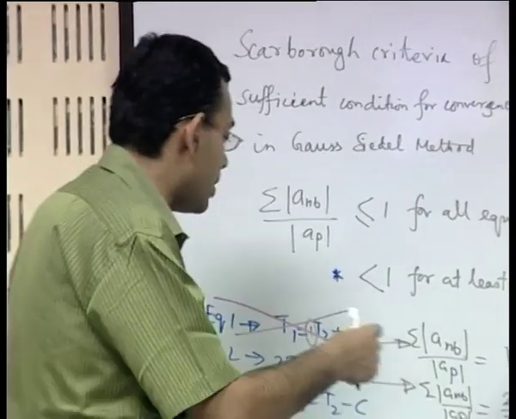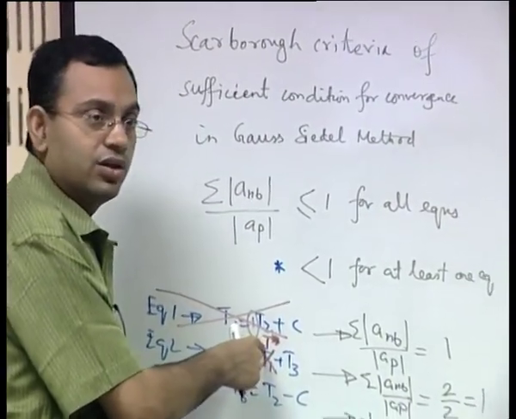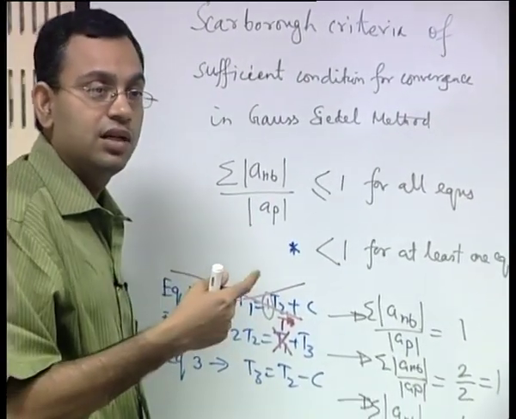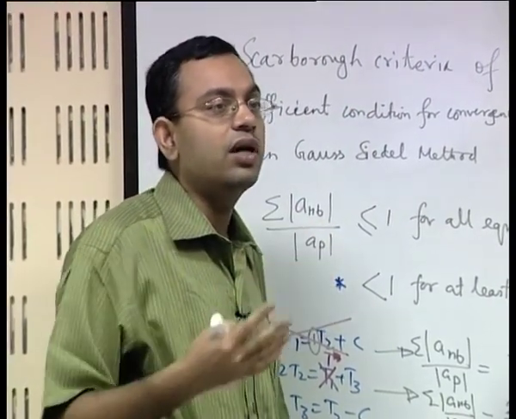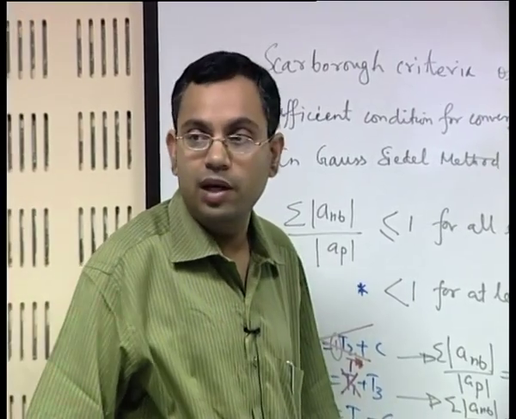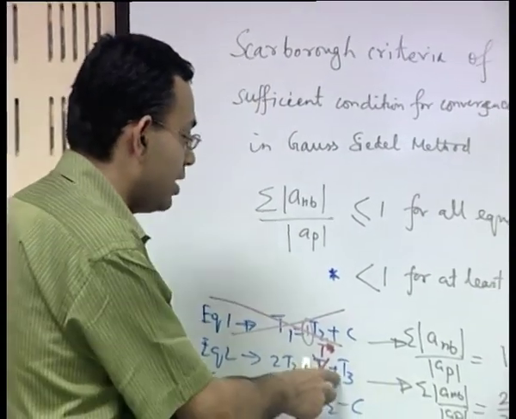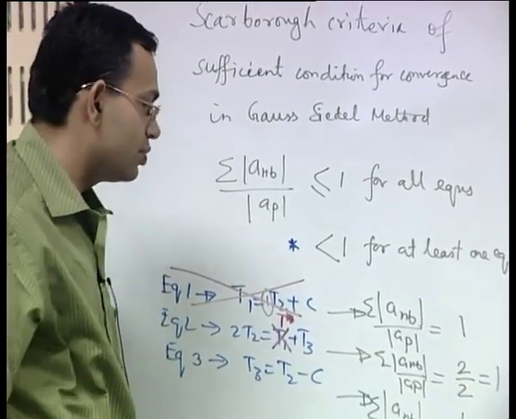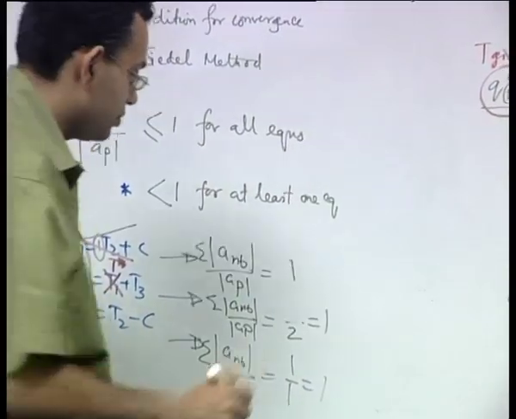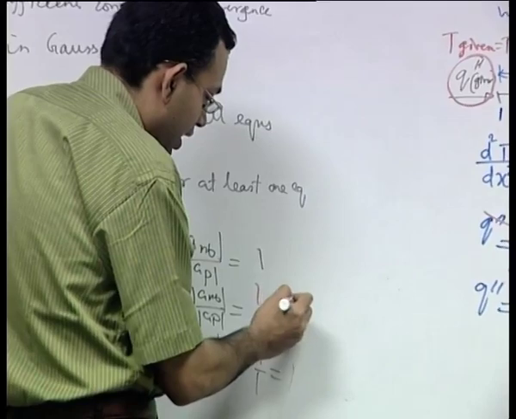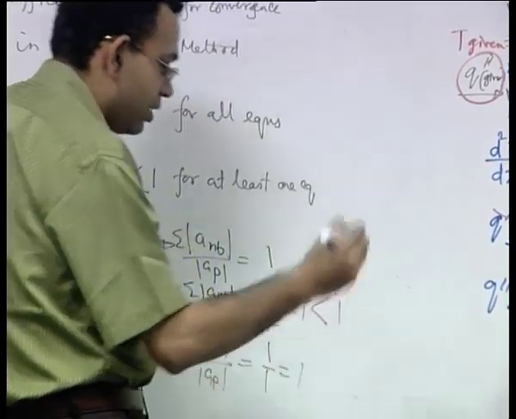Now you have already substituted a known here, so it is not a coefficient. It is of course physically a neighbor, but mathematically the only neighbor is the point 3. So it is 1 by 2 and that means it is less than 1.